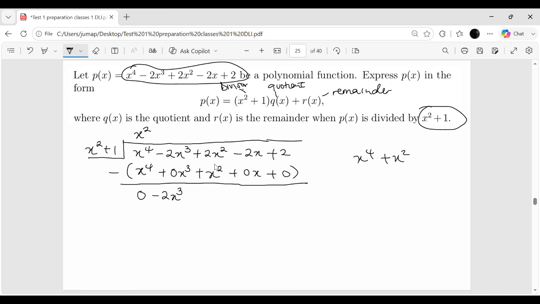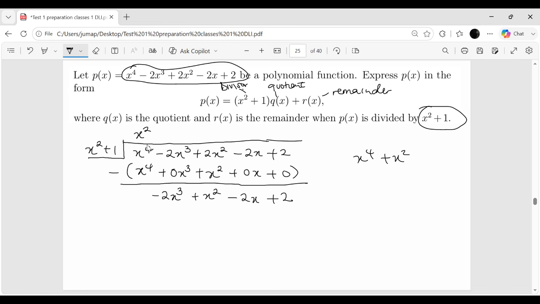Then positive 2x squared minus x squared will just give us plus x squared. Okay, then negative 2x minus 0x is going to be minus 2x. Then 2 minus 0 will just be plus 2. So now the 0 number which is in front, I'll just rub it. Okay, so when I rub it, I have a new polynomial function which I'll divide with this divisor. That's what I'll be doing every time.